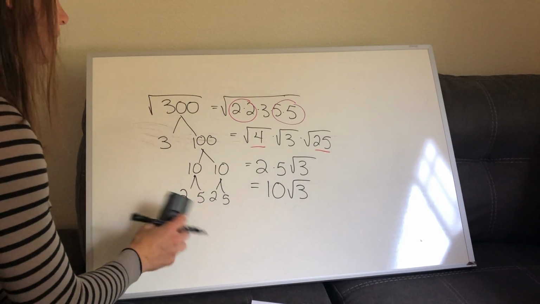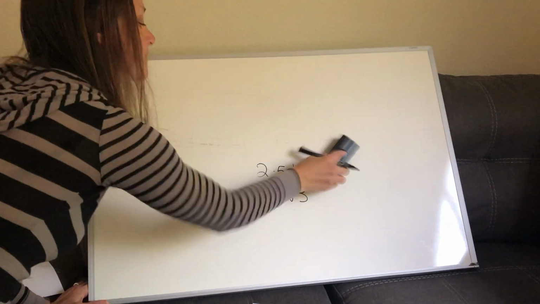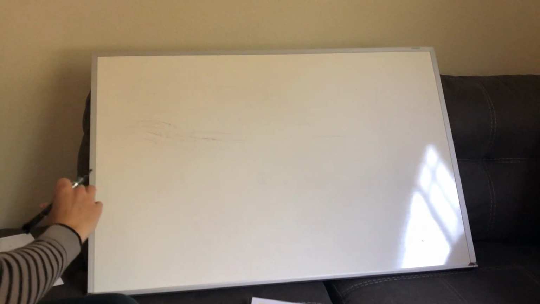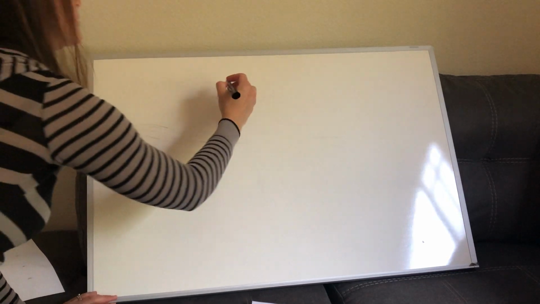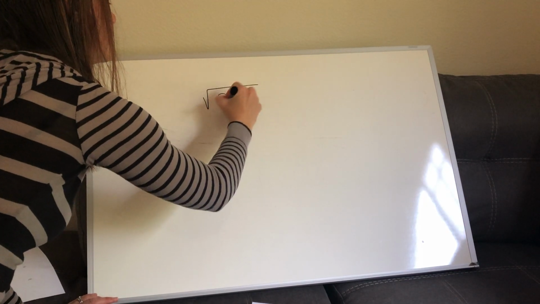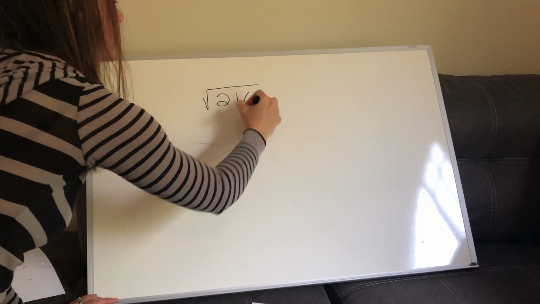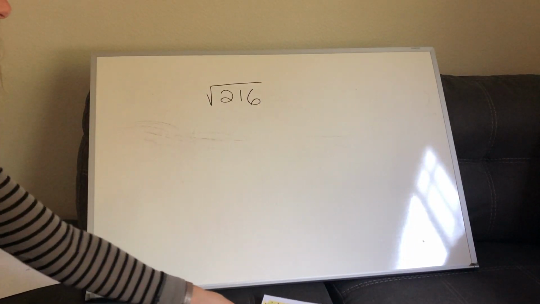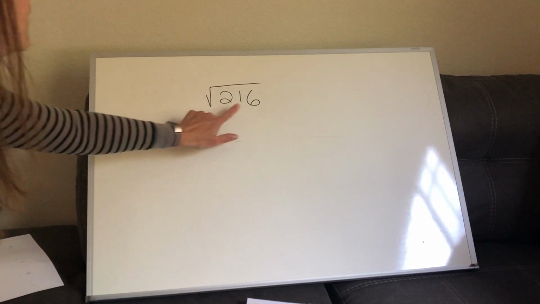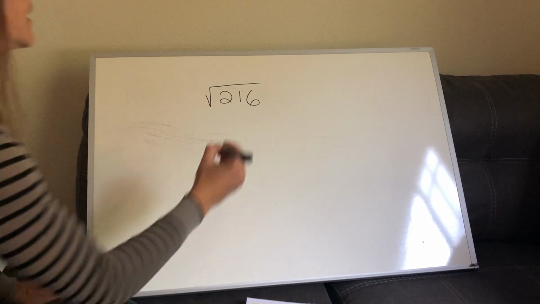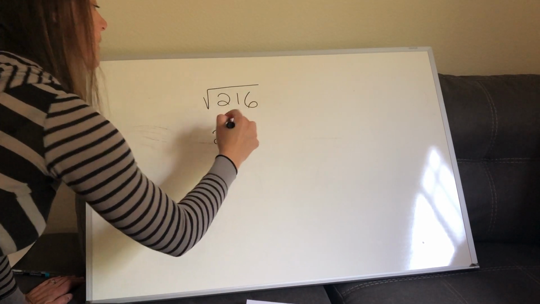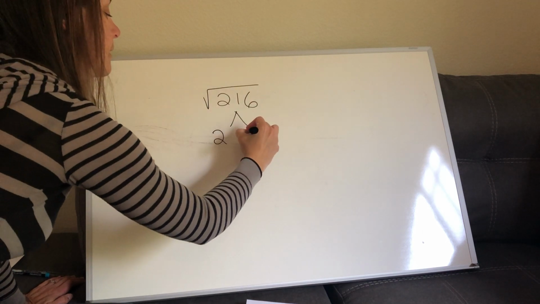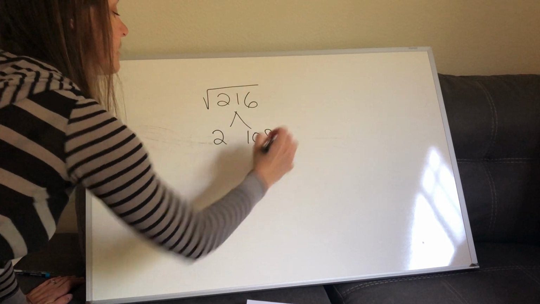All right, let's do the last one. Again, and this one's going to be extra ugly. Square root of 216, okay? And again, that's not on my chart, so I'm going to pay attention to the fact that it's an even number so that I know it can be broken down. 2 times, it's going to be 108.